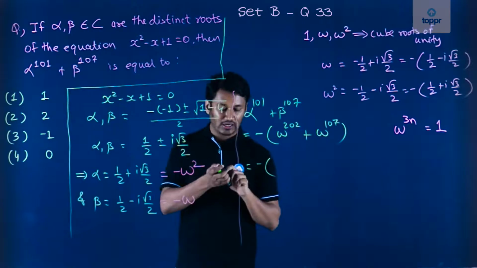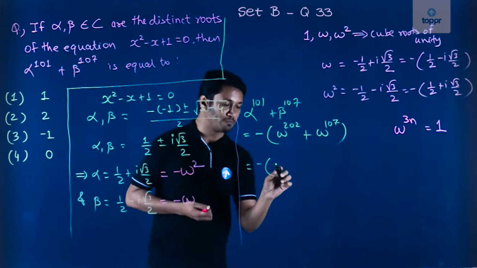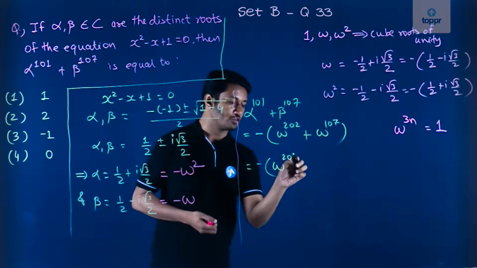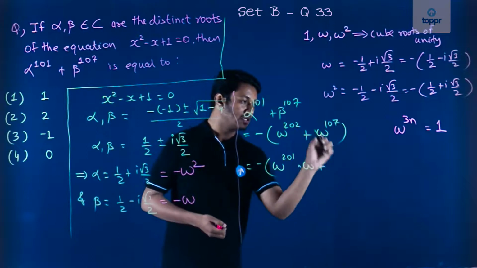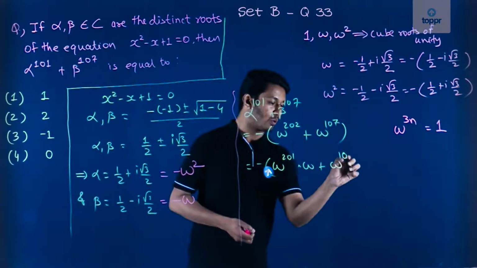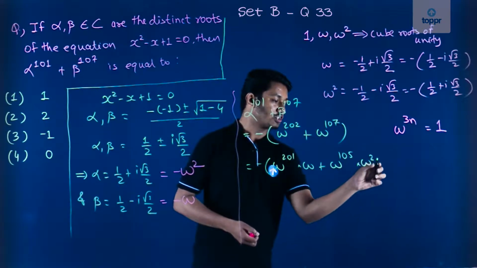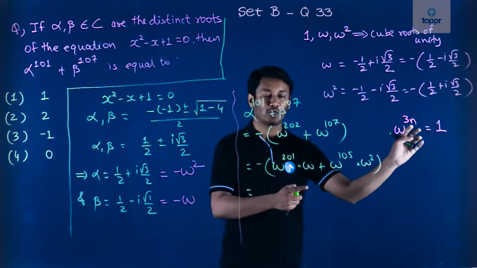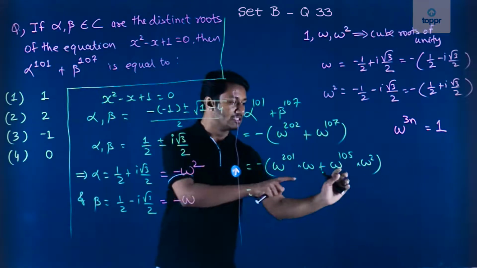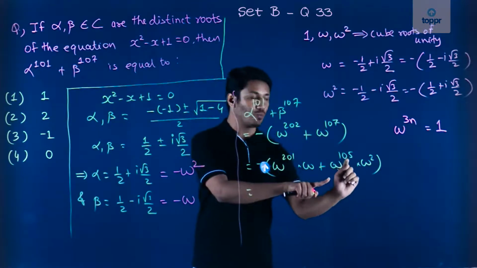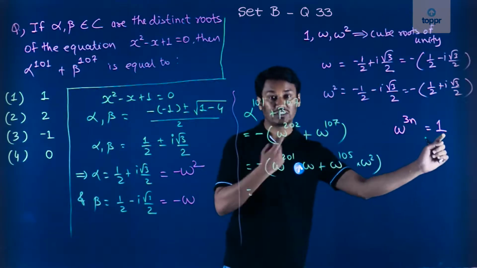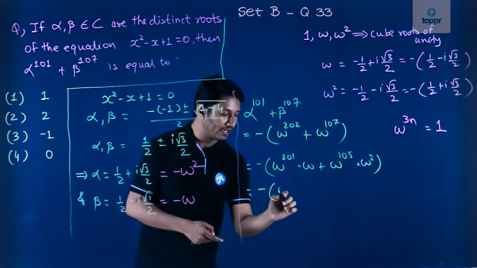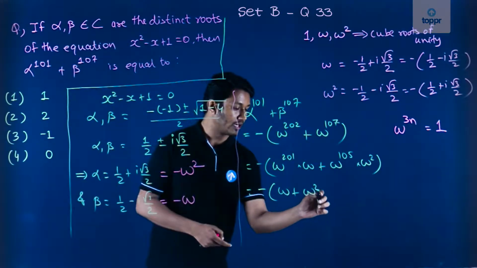So now we can see that this power 202 can be split as omega power 201 into omega, plus this can be written as omega power 105 into omega square. You can see that omega power 201 is a multiple of 3, so its value will be 1. Similarly, omega power 105 is also a multiple of 3, so its value will be 1. So we finally get omega plus omega square.